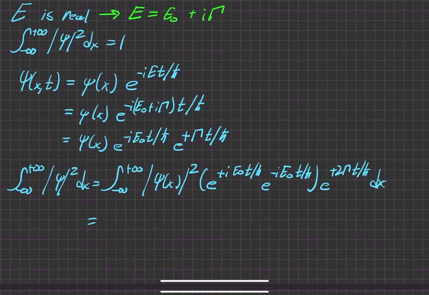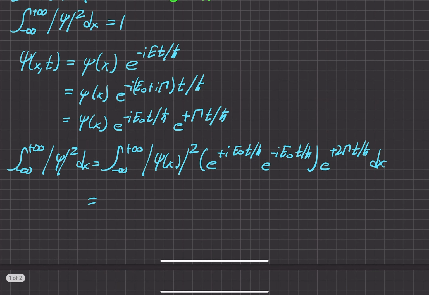So that all equals 1. But this will come out in front of the integral. And so remember, for normalizable conditions, this all has to equal 1.